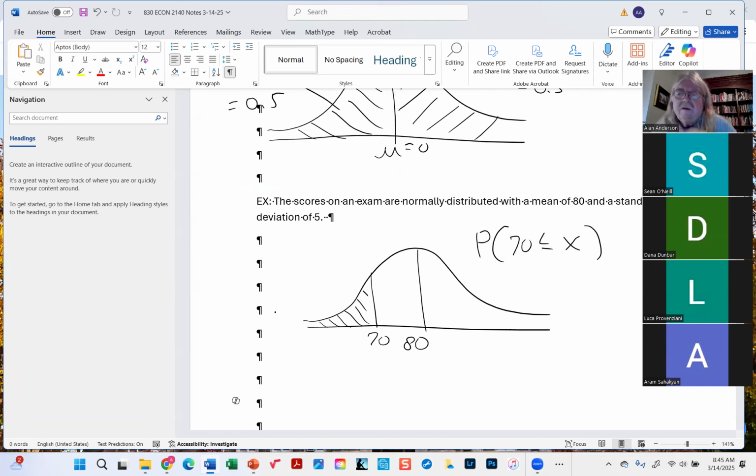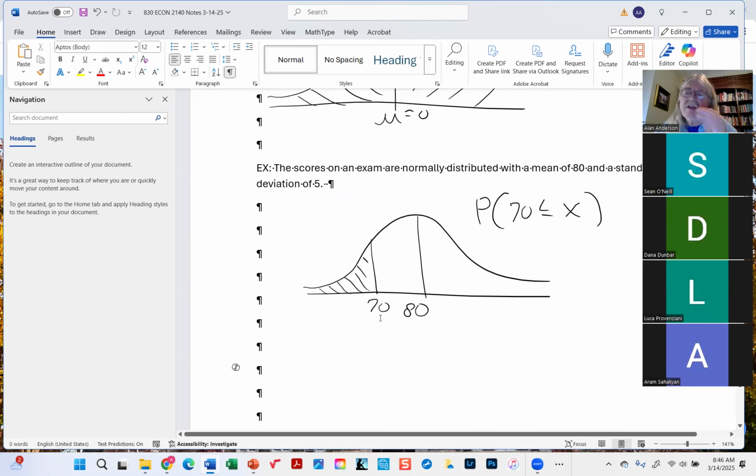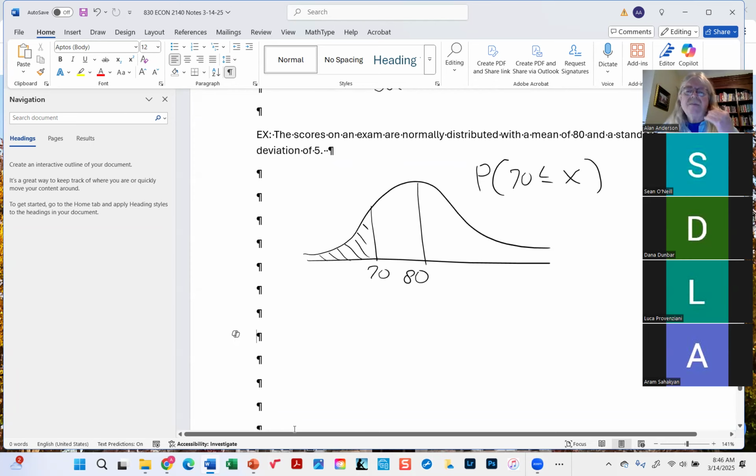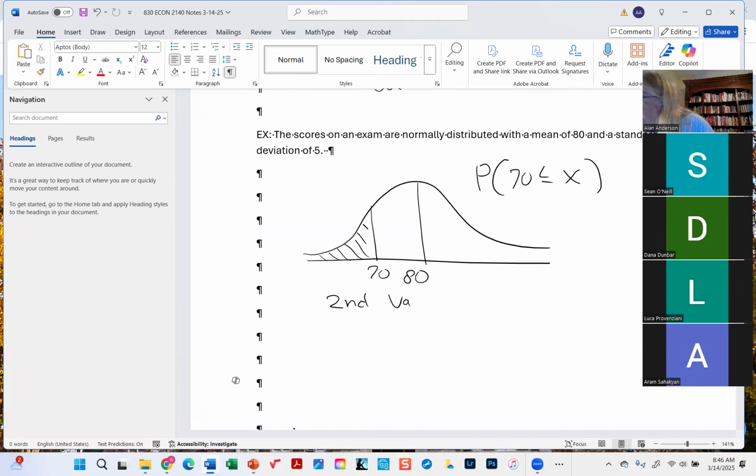So X is the score. And remember, I did mention this before. Z is used for only the standard normal case. All the rest of them, we use X. So that means I'd like to know if I take this test, what's the likelihood they'll get a 70 or less?